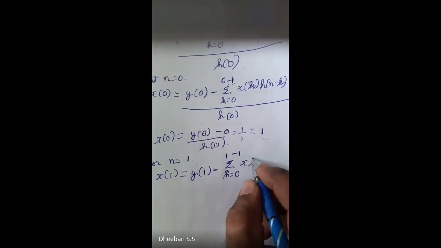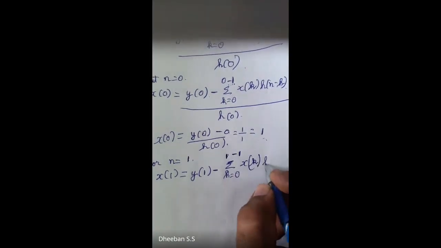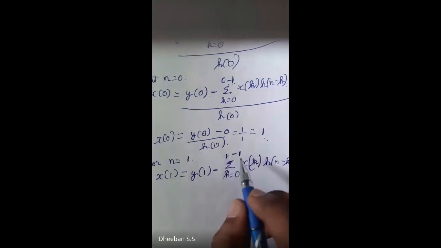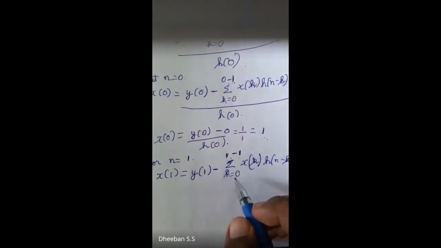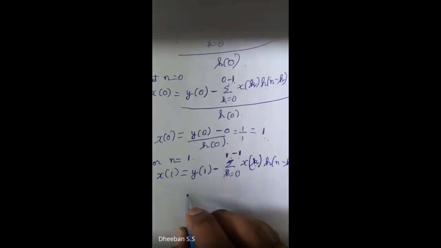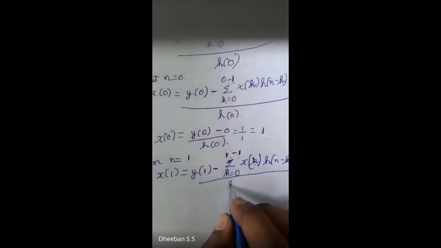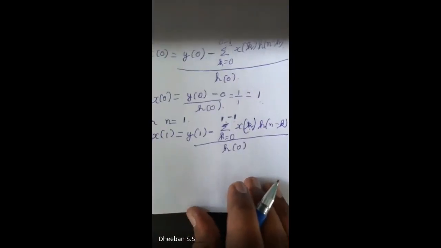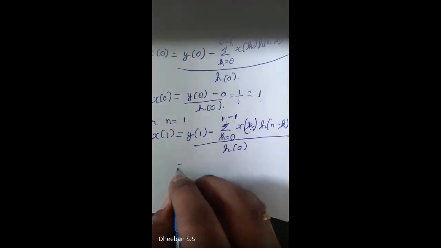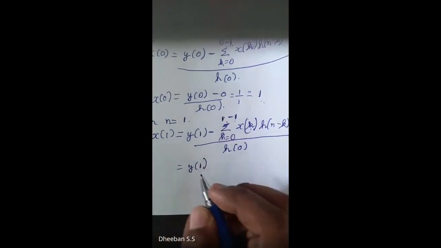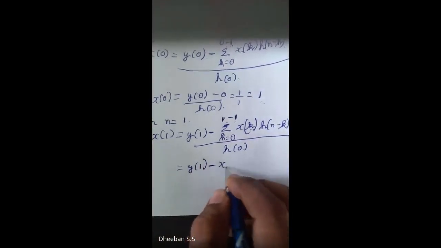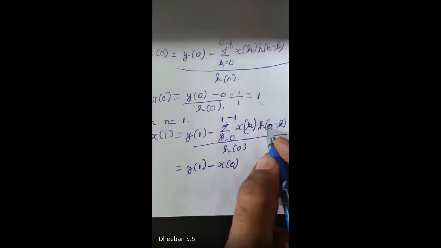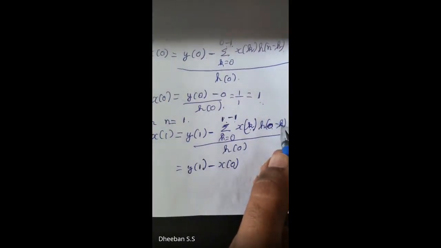Okay, x of k, h of n minus k. So it is 1 minus 1, which means the value will be 0. So you will be putting k equal to 0 by h of 0. If you are substituting, y of 1 minus x of 0. So this n value also becomes 0, so this minus k will be putting 0.